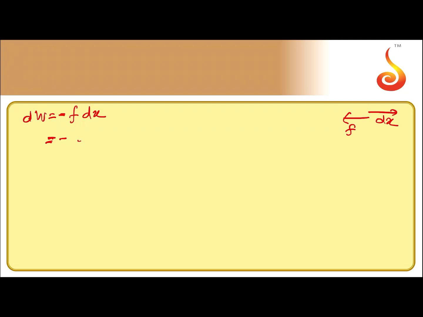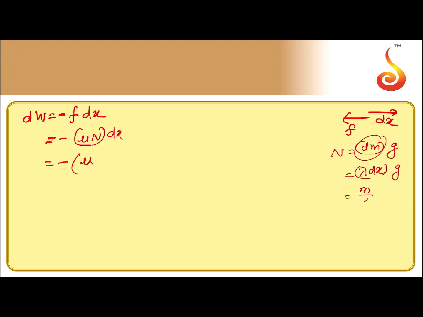minus mu N into dx. Normal reaction is equal to clearly the mass of this part into g. What is that mass? I can write it as lambda dx into g, where lambda is total mass by total length.